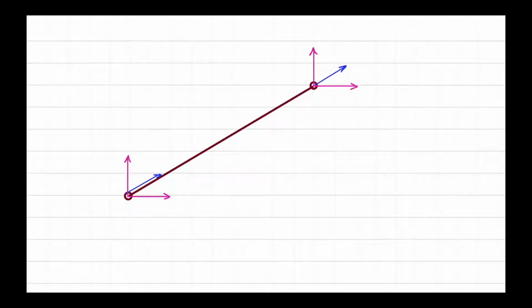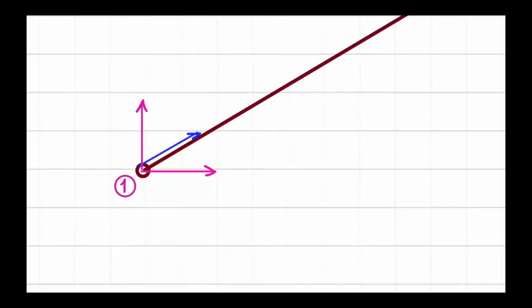Okay, so call node, this node number 1 and node number 2. So U1x, F1x. Okay, I will just do this quickly.